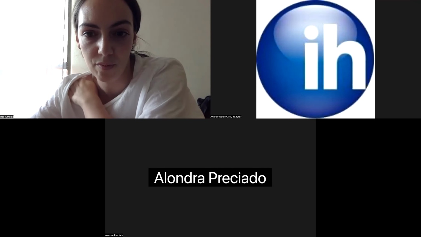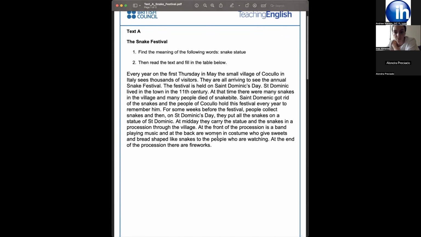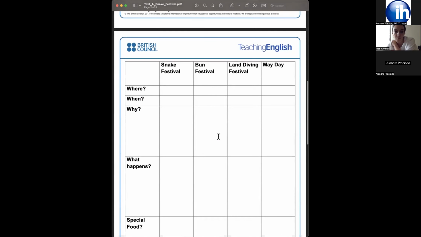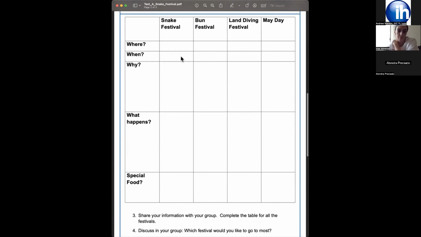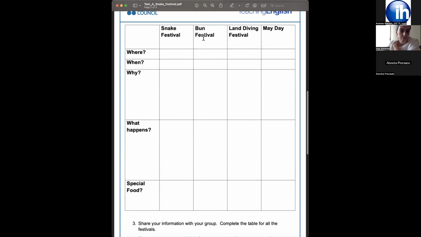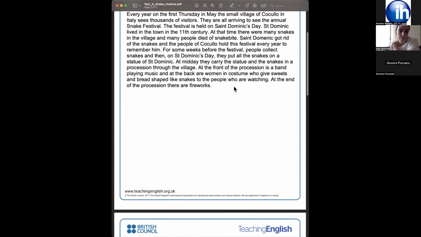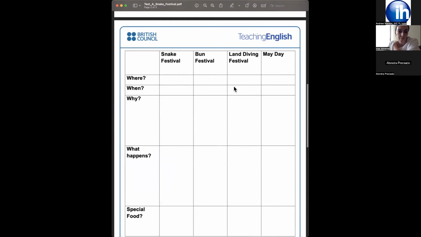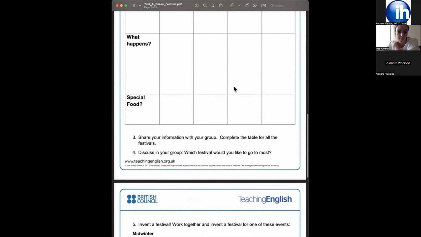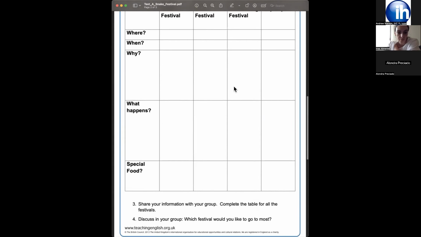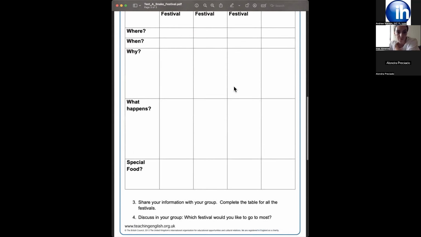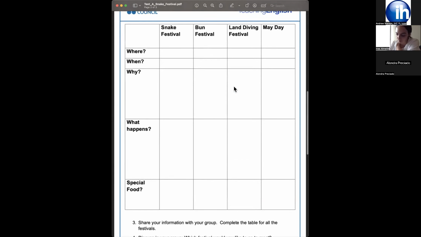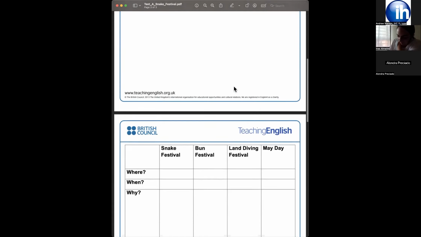So each student has a reading about a different festival, and they're going to read and summarize it to each other. So Snake Festival, Bun Festival, and Diving Festival. So this is the first stage, what's called the jigsaw reading, when they exchange information about their festivals.